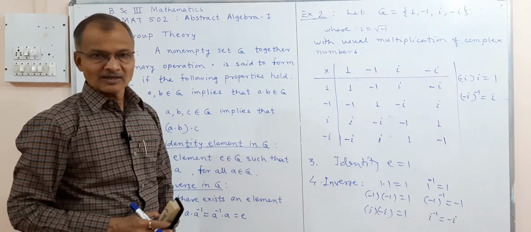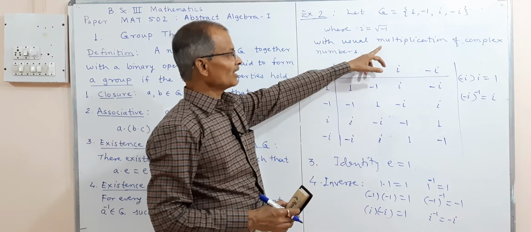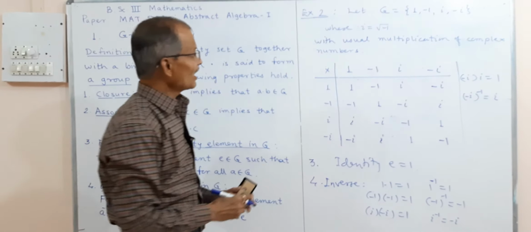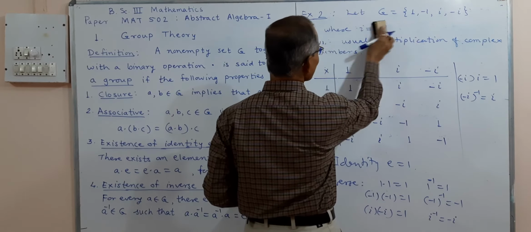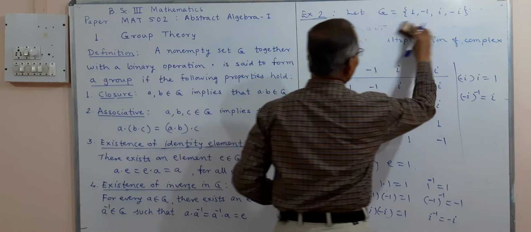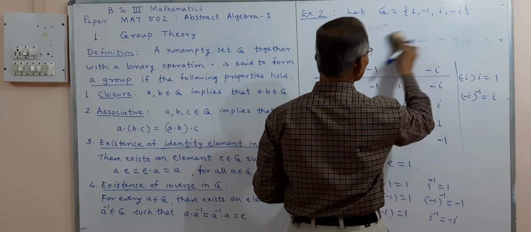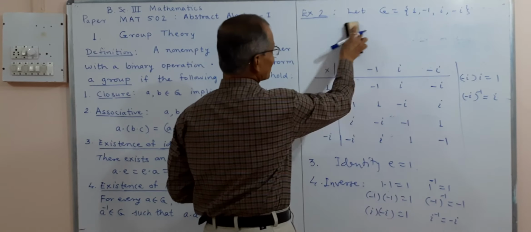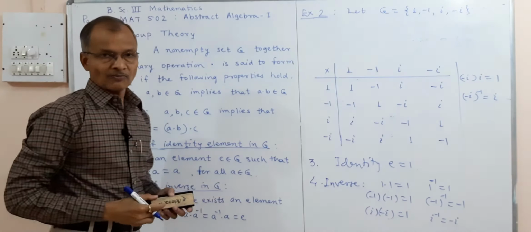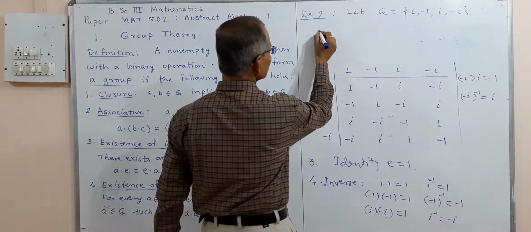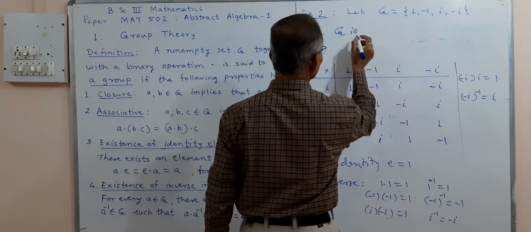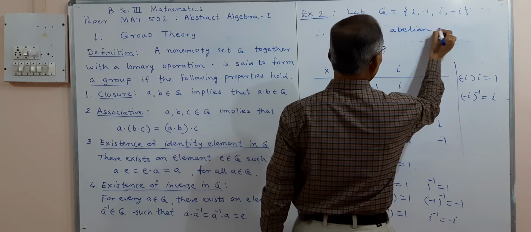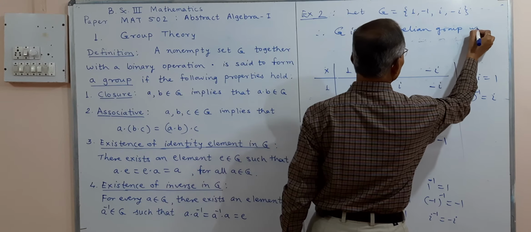Now whether it is abelian: this is multiplication, and multiplication is always commutative, so therefore G is an abelian group. And this is a finite group, so we can consider the number of elements. G is an abelian group with multiplication.